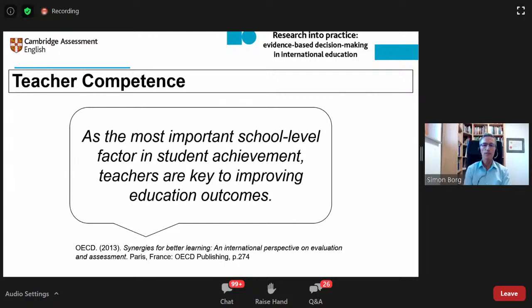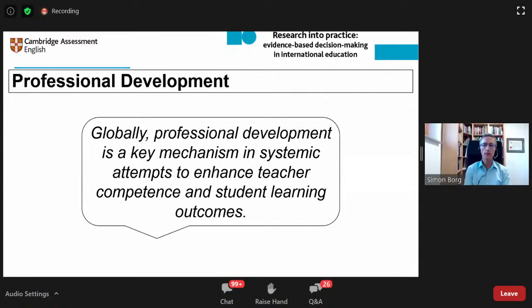The importance of teachers and teacher competence to educational achievement has been repeated many times in recent years, as we can see in this quote here. We're reminded that teachers are the most important school level factor in student achievement, and that teachers are key to improving education outcomes. One result of the general acceptance of this point is that globally now professional development is widely recognized as a key mechanism in systemic attempts to enhance teacher competence and hence, of course, student learning outcomes.